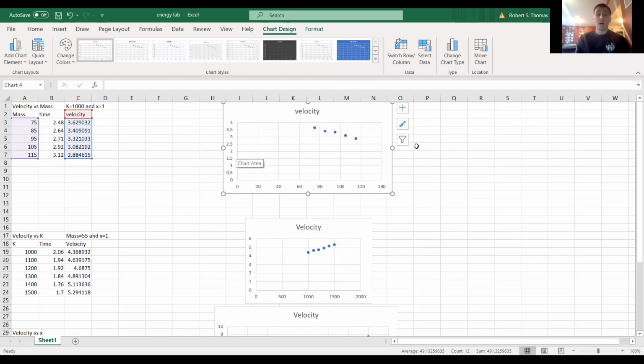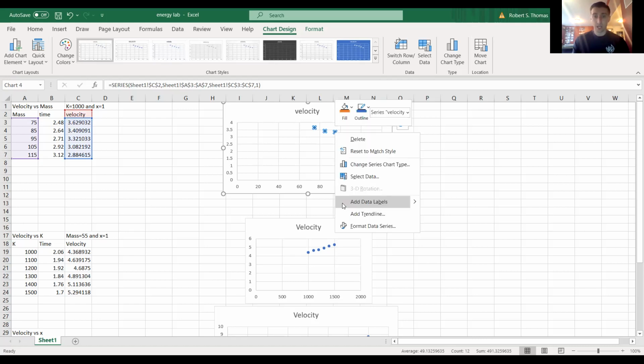Now one of these is going to be nonlinear. You can't really tell from my graphs because I don't have enough data, but one of them is going to be nonlinear. So just observe that. To add my trend line here, I said add trend line like I normally do.